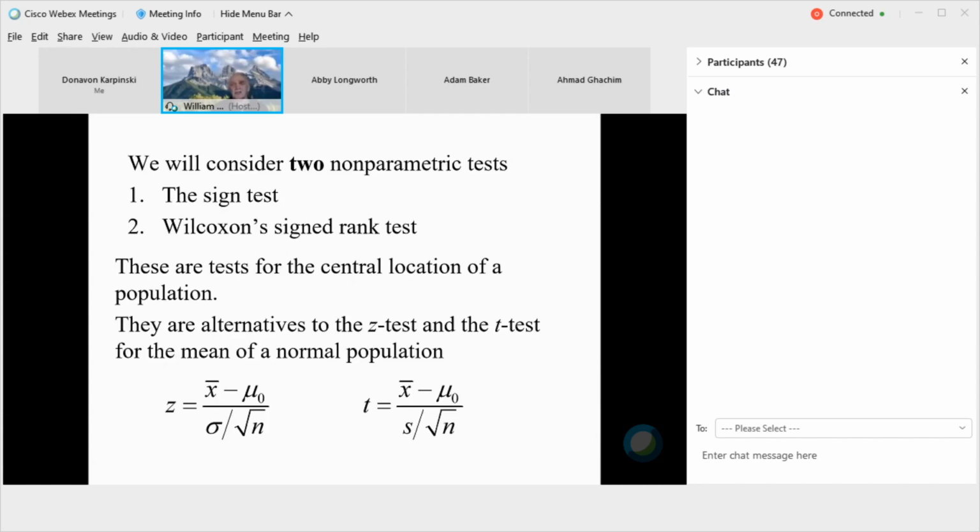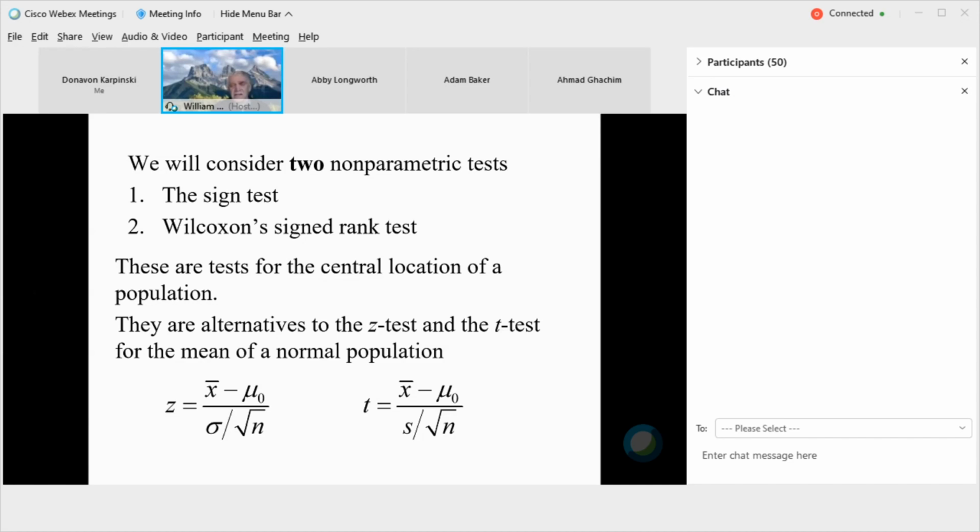We're going to consider two non-parametric tests, the sign test and Wilcoxon's signed rank test. These are testing the central location of a population. They're alternatives to both the Z test and the T test.